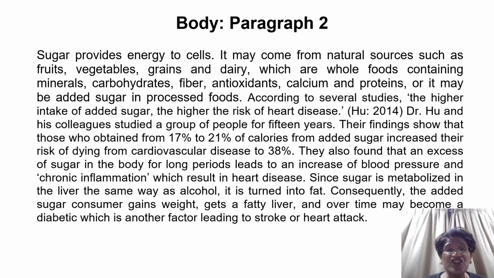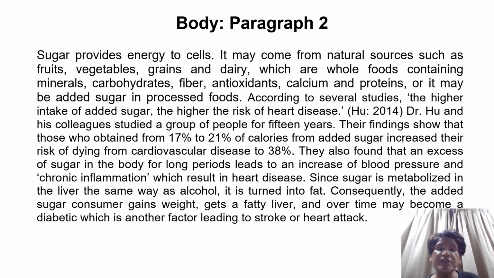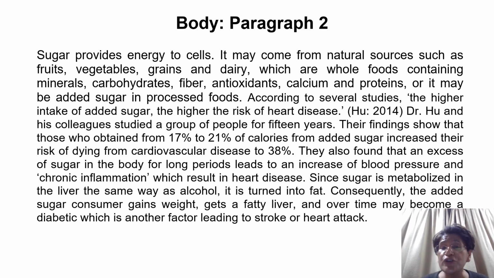Their findings showed that those who obtained from 17% to 21% of calories from added sugar increased the risk of dying from cardiovascular disease to 38%. They also found that an excess of sugar in the body for long periods leads to an increase of blood pressure and chronic inflammation, which result in heart disease.